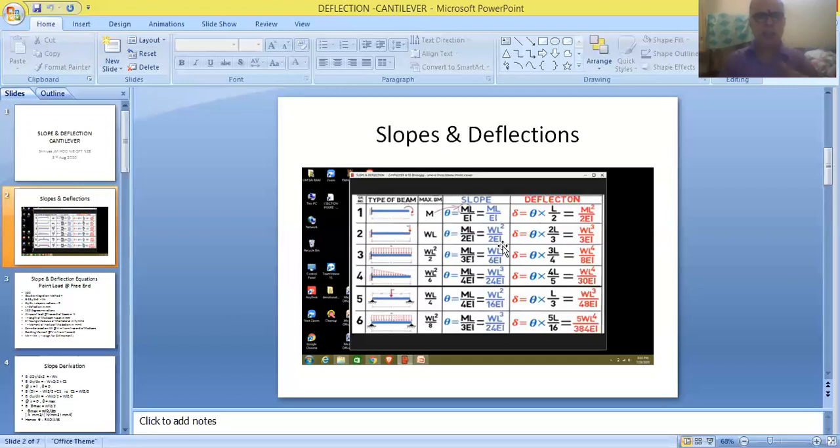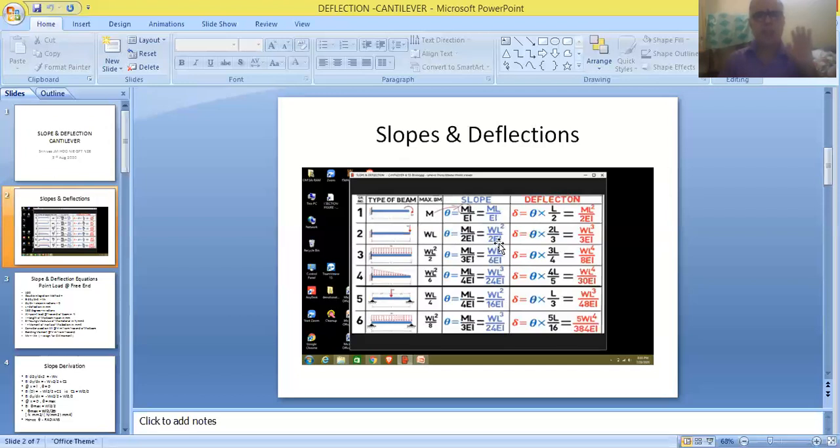And here we have one more parameter, capital I, for indicating the moment of inertia of the section. And that has to be expressed in terms of millimeter to the power of 4.